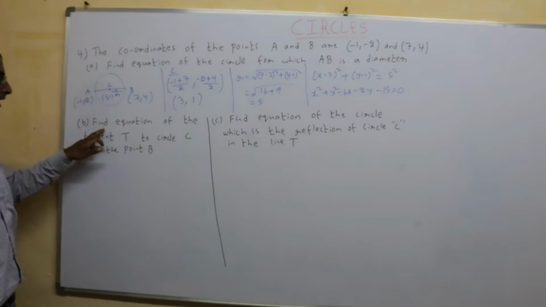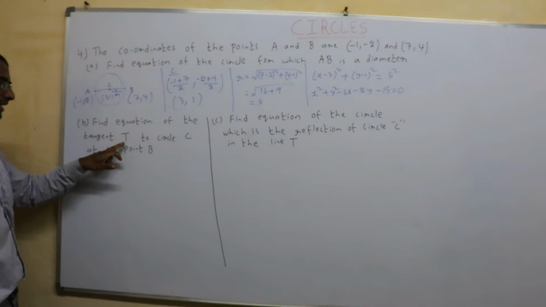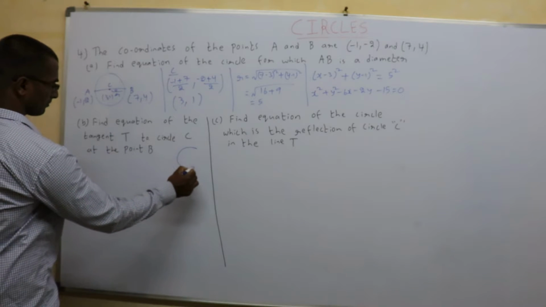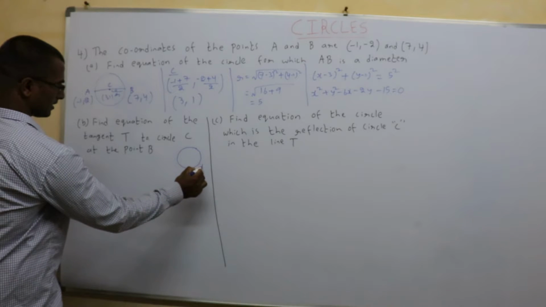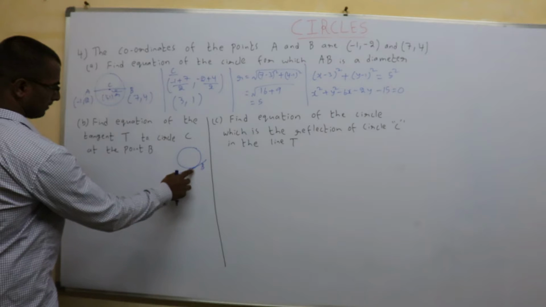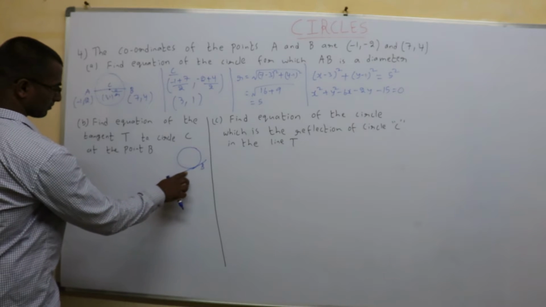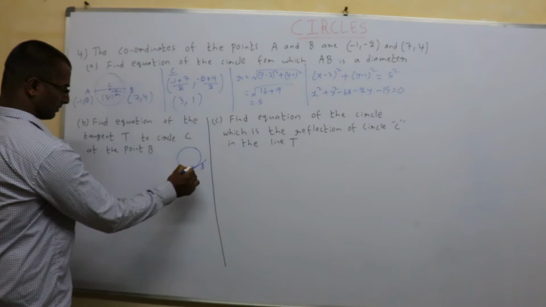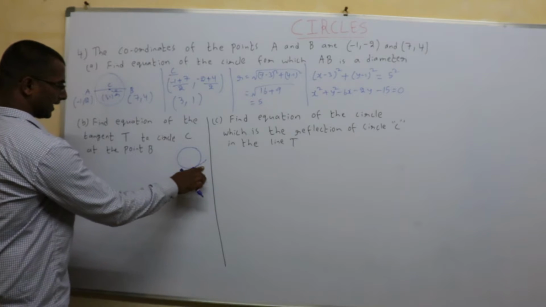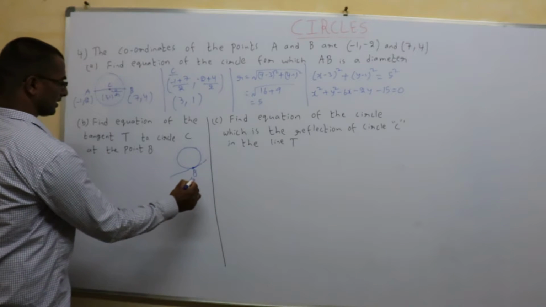Next, find the equation of the tangent T to the circle C at the point B. So if here is B, this tangent equation I need to find out. Again I have the point B, which is (7, 4).